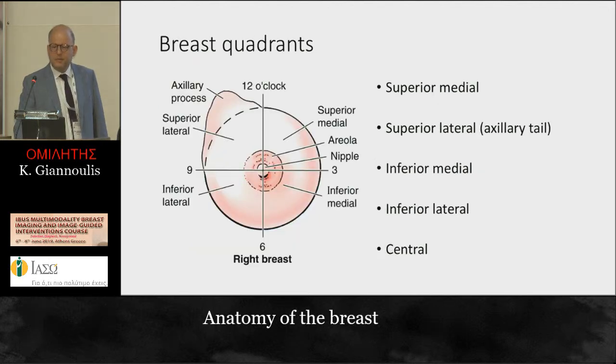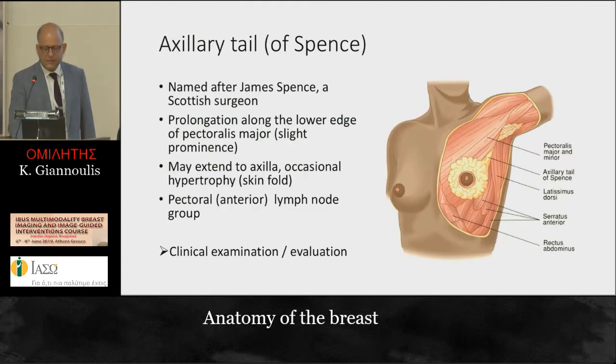For descriptive purposes, the breast is divided into 4 quadrants and the central area. The quadrants are the superior medial and lateral, and the inferior medial and lateral. The axillary tail of the breast is named after a Scottish surgeon, James Spence, and represents a prolongation along the lower edge of pectoralis major.